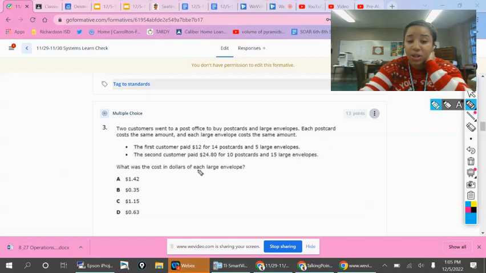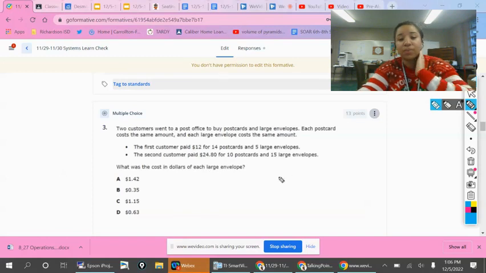The first customer paid $12 for 14 postcards and 5 envelopes. The second customer paid $24.80 for 10 postcards and 15 envelopes. What is the cost in dollars for each large envelope?